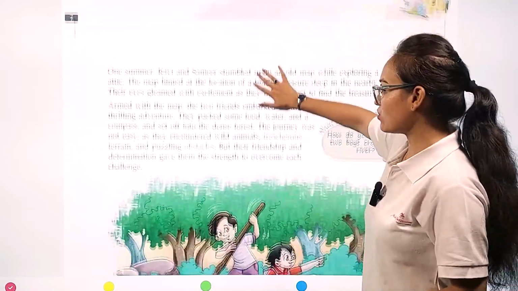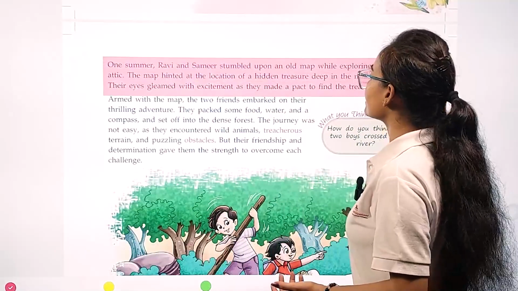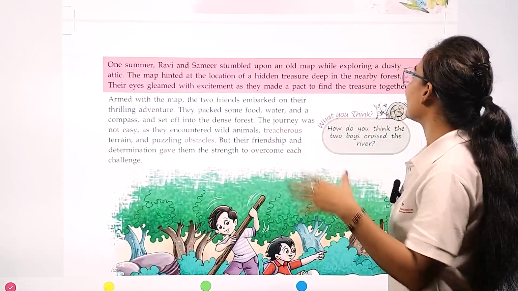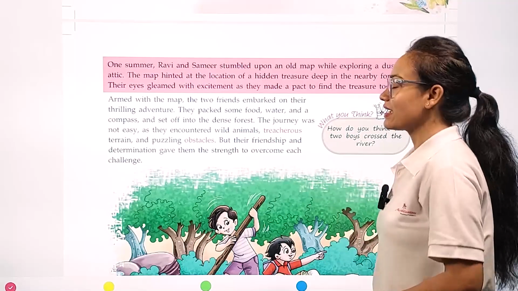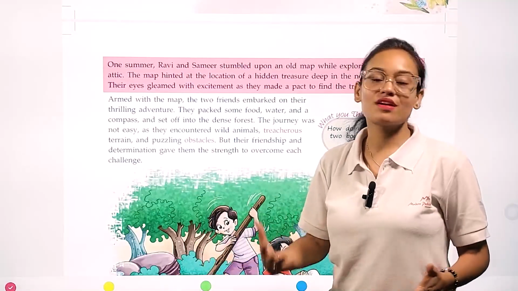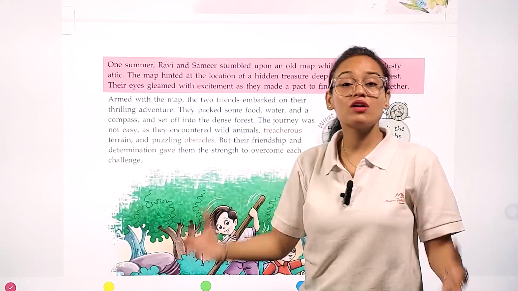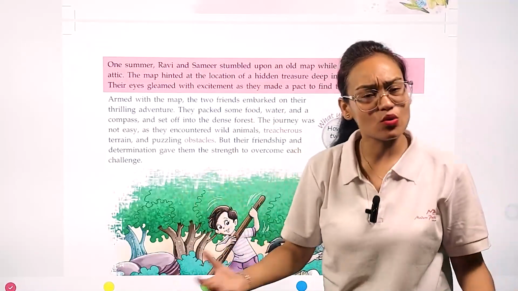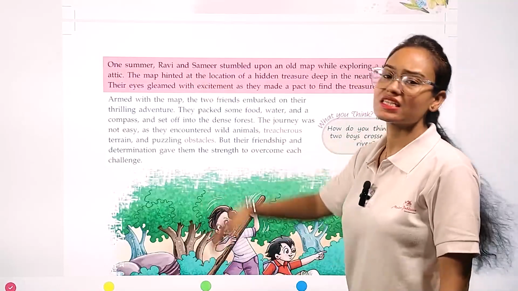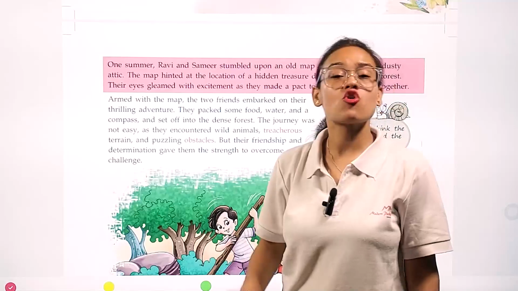One summer, Ravi and Samir stumbled upon an old map while exploring a dusty attic. One summer morning, when Ravi and Samir were cleaning an old room which was full of dust, all of a sudden both of them struck their feet on an old map.